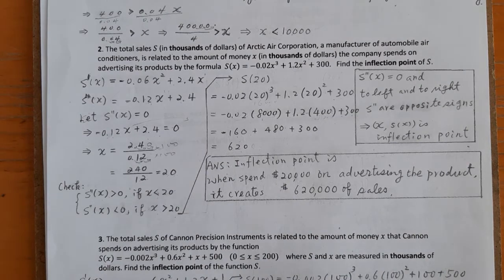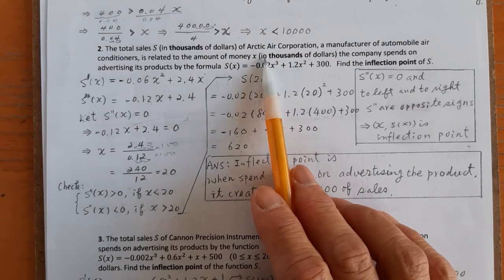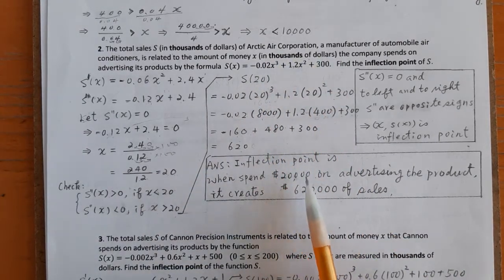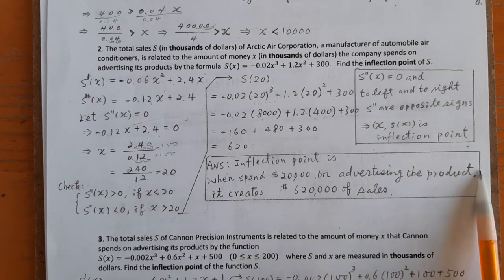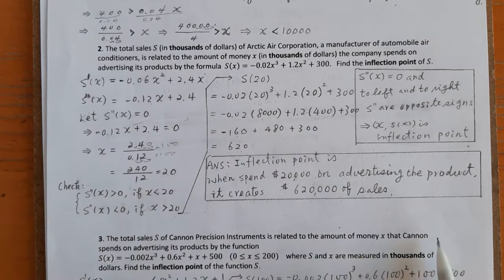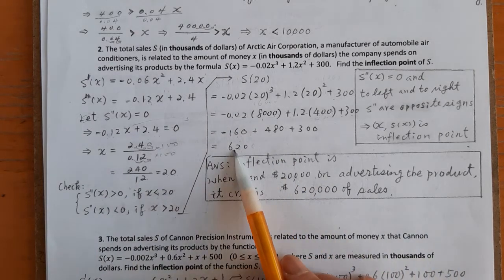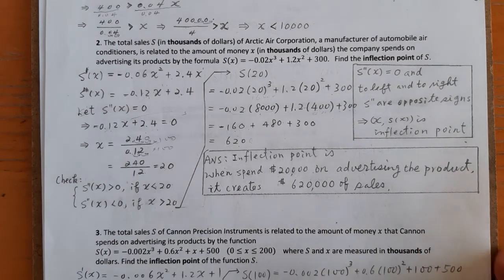Then, because it's a word problem, you have to answer with units. You will say the inflection point is when spending 20, which means thousands, since x is in thousands of dollars, so it's $20,000 on advertising the product. It creates sales of $620,000.